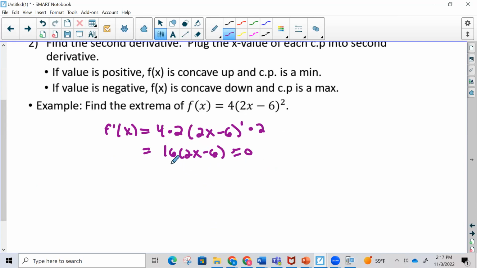So you can divide both sides by 16 to get rid of it, or you could distribute the 16. Either way, it doesn't matter. And then we solve it.